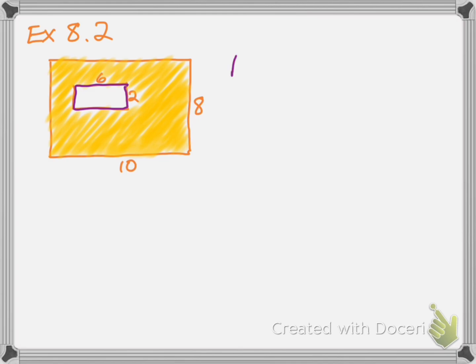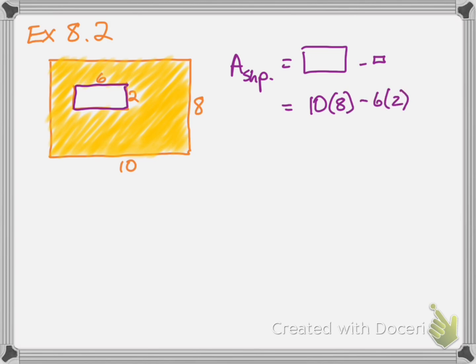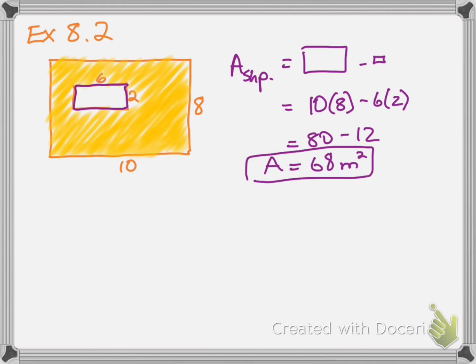So what you're going to do to find the area of the shaded portion is we're going to find the area of the big one, and then we're going to subtract the small one. Very, very simple. And the dimensions are there, 10 by 8 for the big one and 6 by 2 for the small one. So in this case, it's going to be 80 minus 12, which is 68.